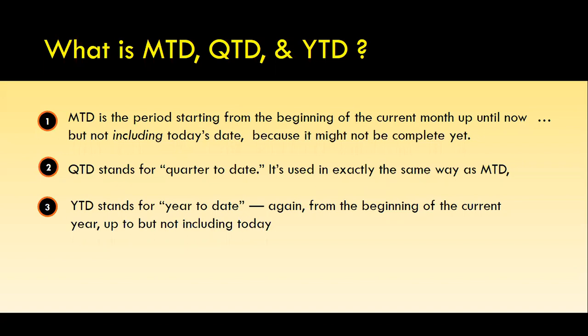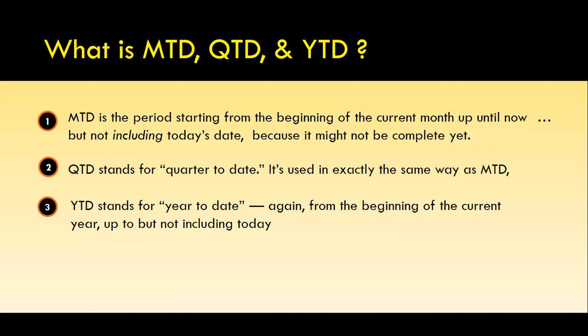If your manager asks, can you tell me the month to date sales of November, it means starting from 1st November until yesterday, because today is not yet over. The month to date covers the data from 1st November until 16th November, because businesses operate across the globe, so we cannot take today's data into consideration.